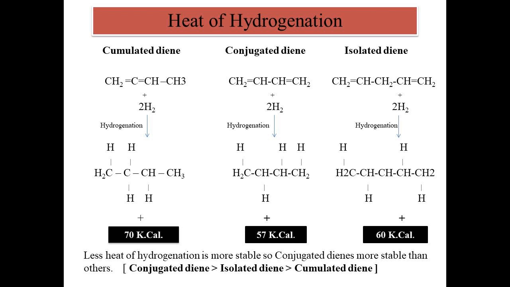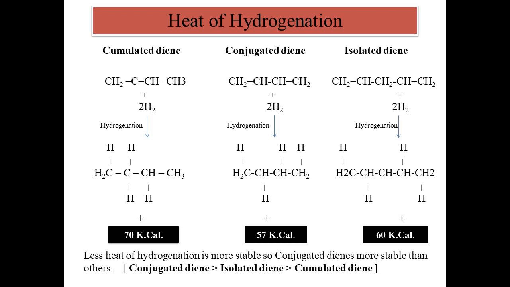Next, isolated dienes also react with hydrogen and form a product. Heat is also produced: 60 kilocalories. Next, conjugated dienes also react with hydrogen and form a product. 57 kilocalories of heat is generated.